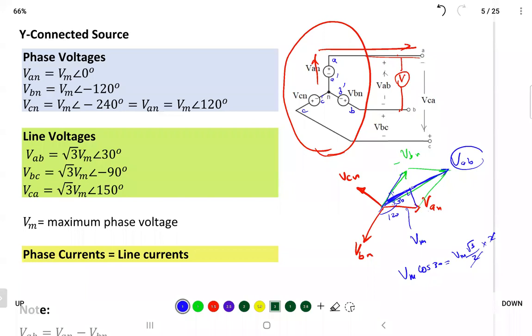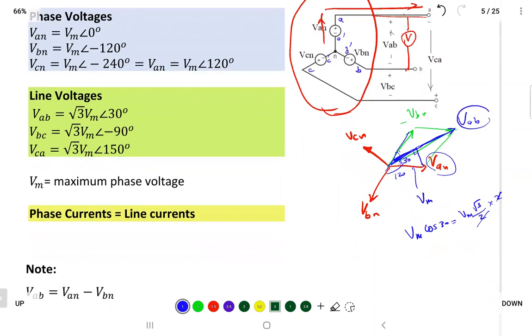So if the phase voltage is equal to 110 volts, and you want to find the voltage between line and line, multiply it by square root of 3. Not only that, you also shift it. What is the angle between VAN and VAB? VAB is leading VAN by 30 degrees. So let's assume VAN is equal to 110 volts at an angle of, let's say, 15 degrees.